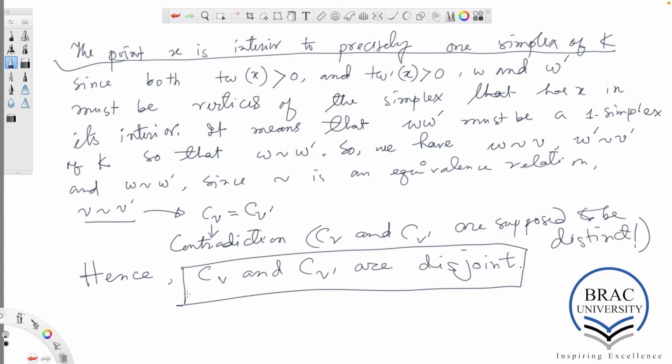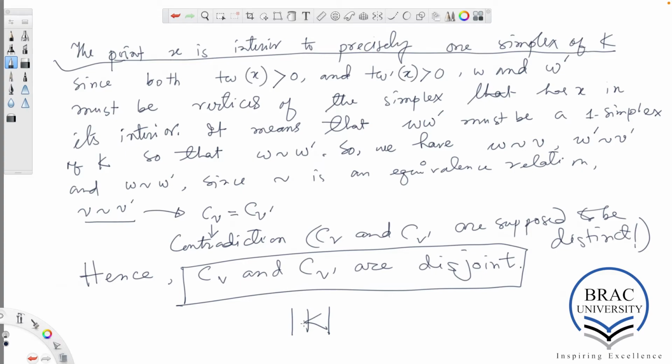Okay, so being connected, open, and disjoint, the sets CV are necessarily the components of this topological space mod K. Okay, they are distinct, they are connected.